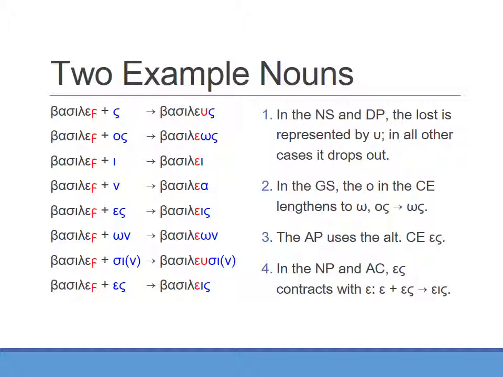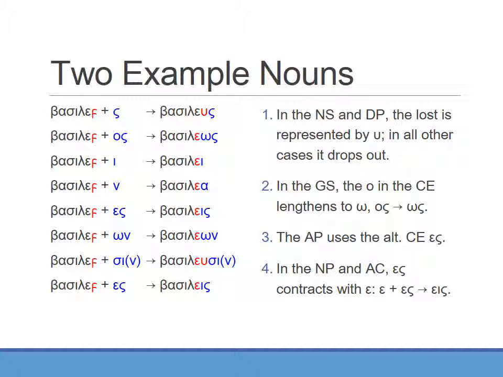Now we have a look at what happens to basileus. On the left hand side, you can see the digamma that was originally the final consonant, the stem consonant of the word. What happens on the right hand side is how the current word is formed. Let me explain what is interesting.